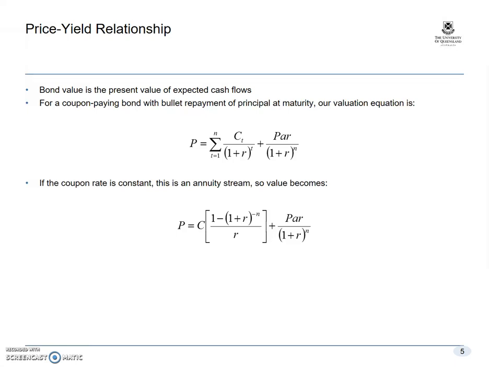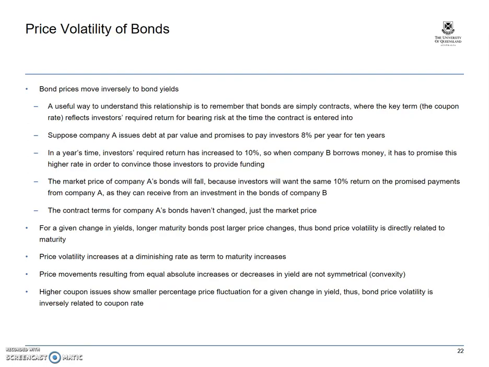And if R, the cost of debt, increases, then obviously the price of the bond will go down. And that's simply all that we mean when we say that bond prices move inversely to bond yields. So when the cost of debt goes up, the price of the bond goes down.